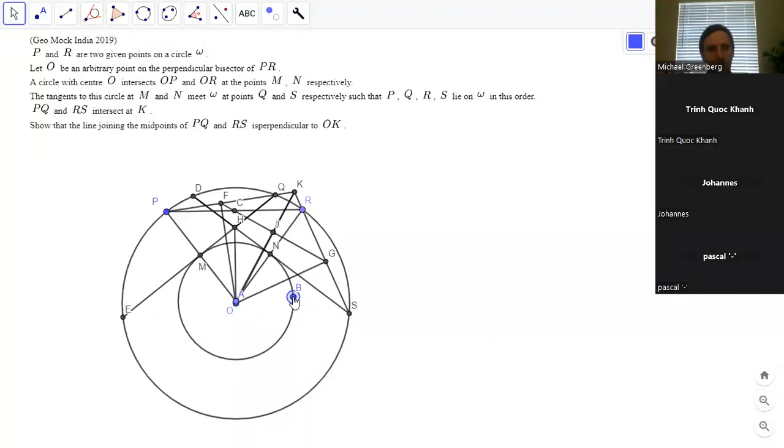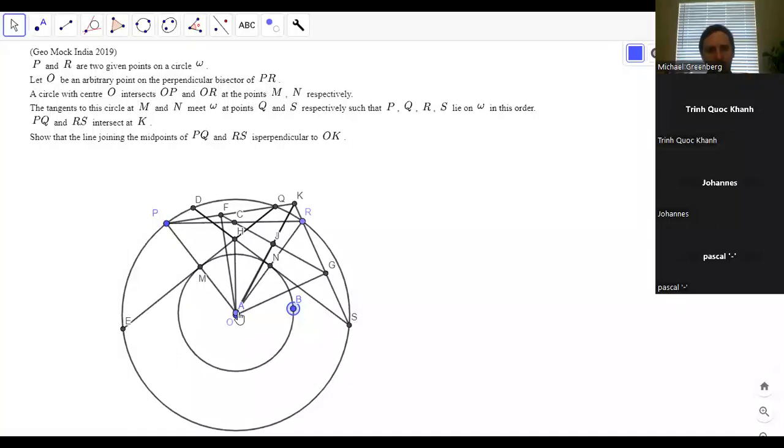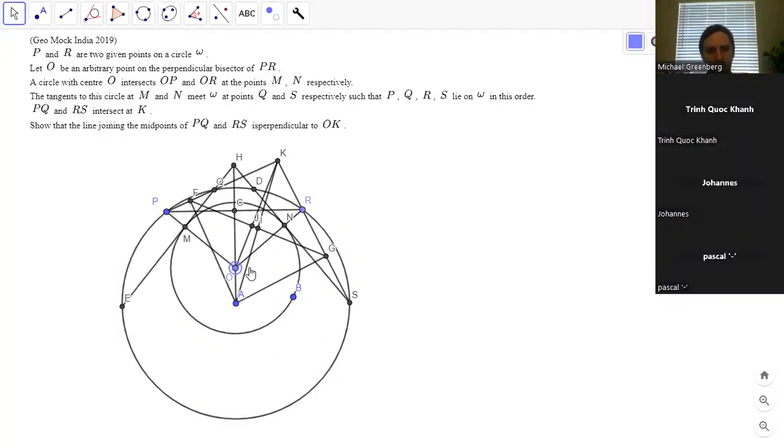So if O and A are the same point, then that would mean PQ and RS are the same length. Is AHQS cyclic? Let's check. Yes, it is.